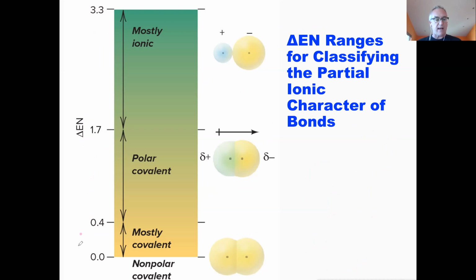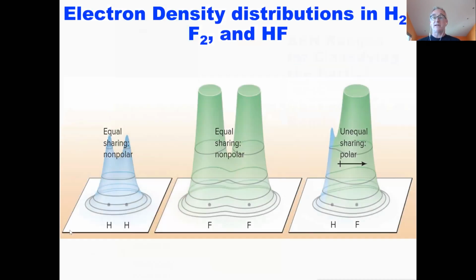So let's look and see what those bonds actually look like. This is just a diagram showing you where the electrons are relative to each atom.